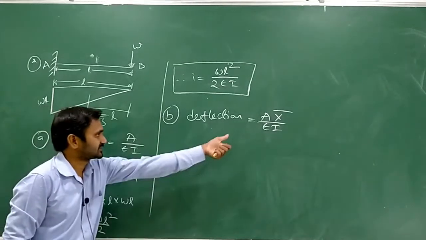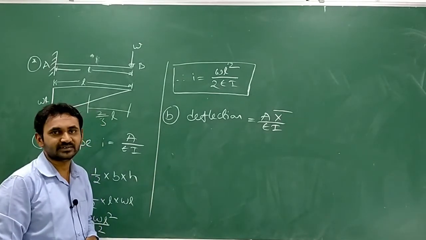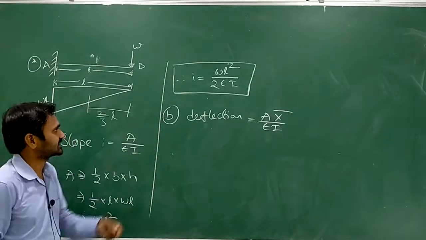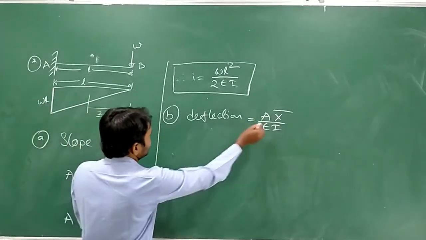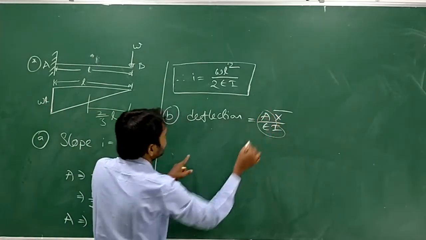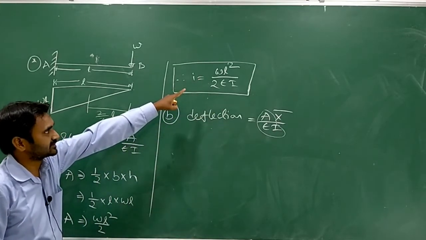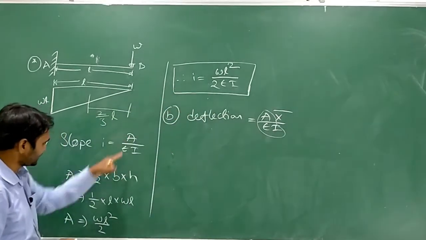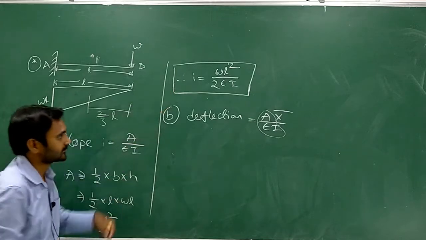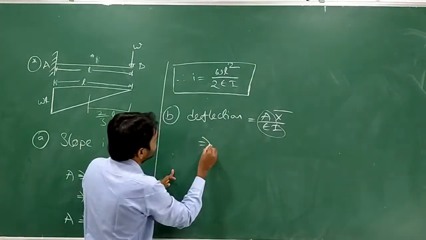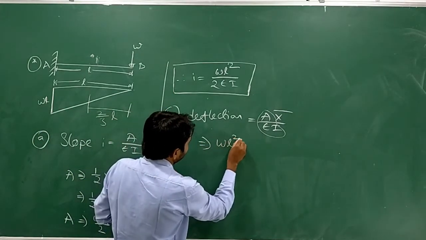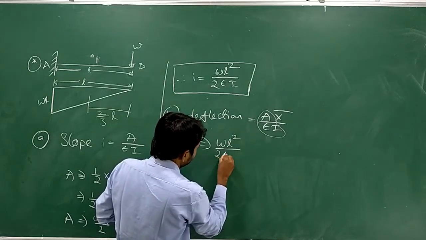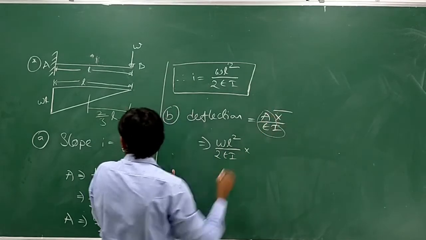Now let us substitute the values. What is A by EI? A by EI is nothing but WL square by 2EI. So from that equation I can write WL square by 2EI into X bar.